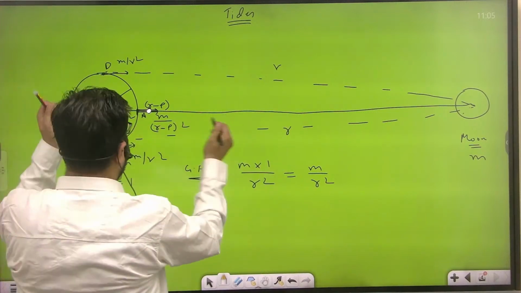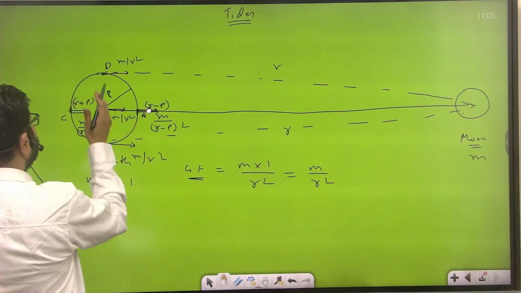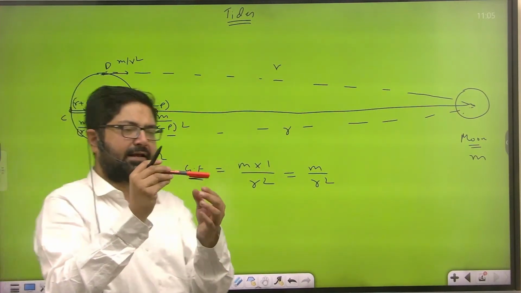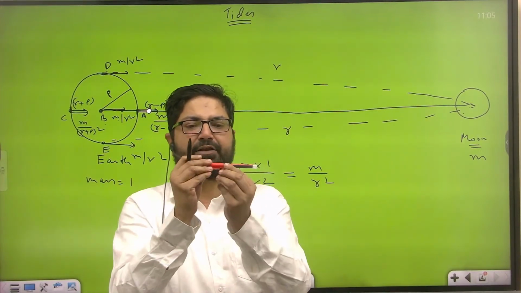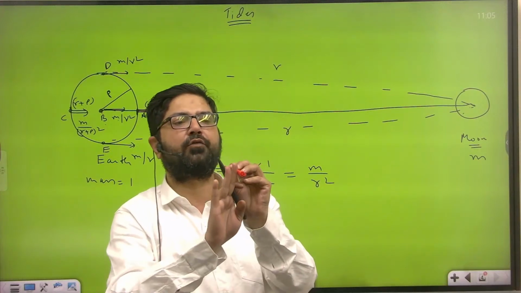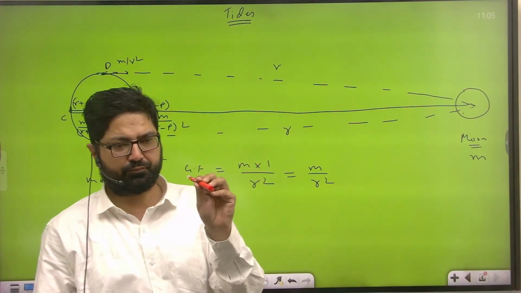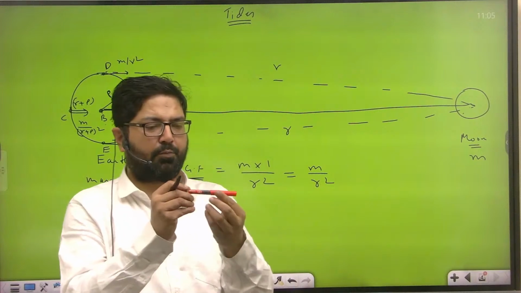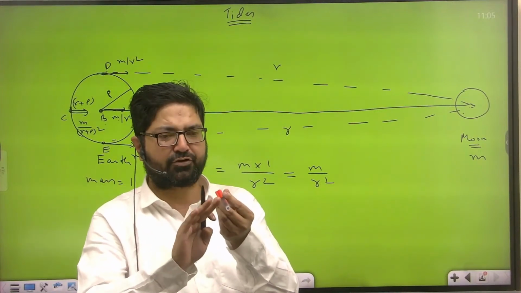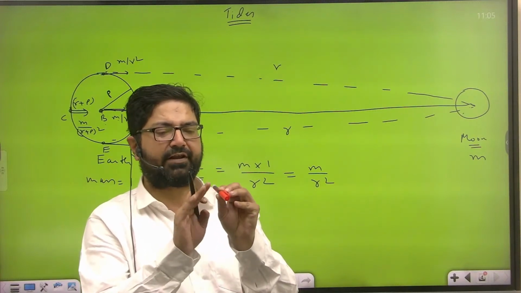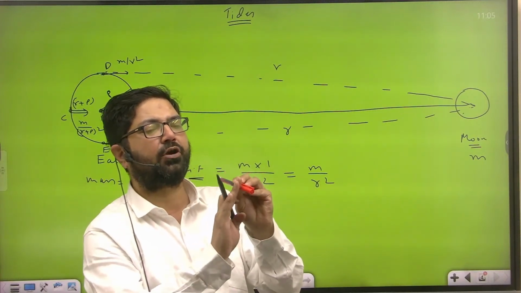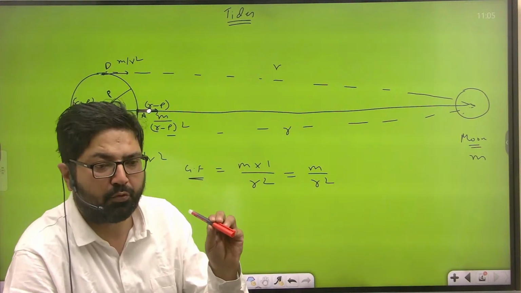Earth is also revolving around this common center of gravity. So centrifugal force, Earth is revolving like this. So centrifugal force will always be directed away from Moon. Moon's gravitational force will be directed towards Moon. And because of Earth's rotation around common center of gravity, the centrifugal force acting on Earth will be directed away from the Moon.